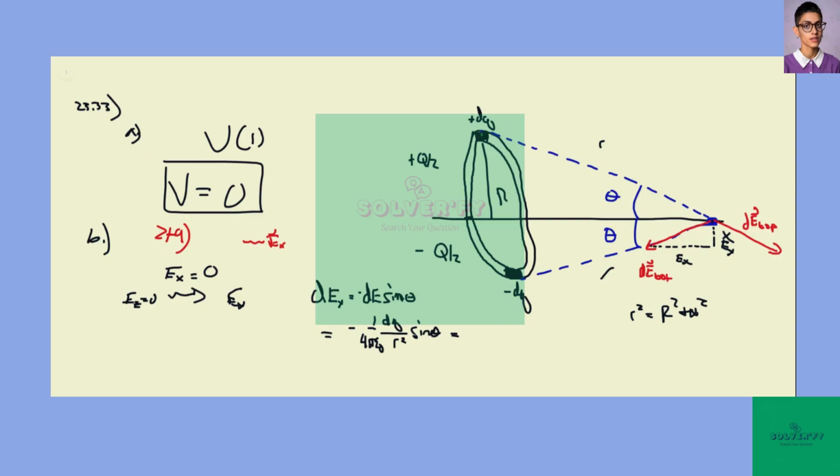Look at this green triangle I added in here. In this green triangle, we have x, r, and big R. So let's rewrite this equation in terms of big R and x, and this is negative 1 over 4 pi epsilon naught, dq sine theta, all over x squared plus big R squared.